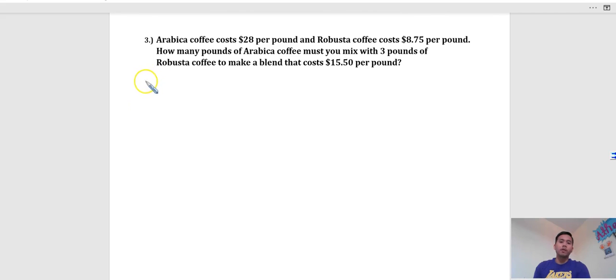The first one is Arabica coffee, and the other one is Robusta. I think we only have 2 coffees. And then, of course, when they blend together, we have the coffee blend.